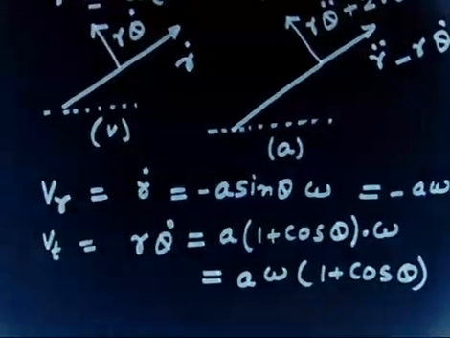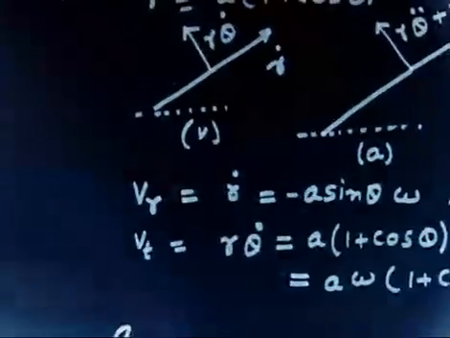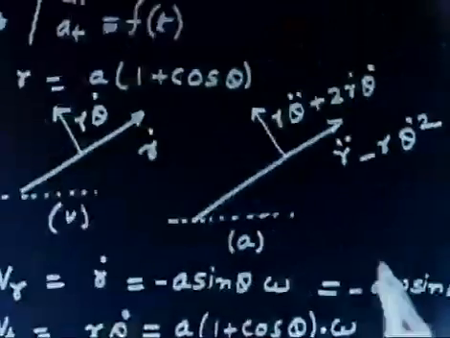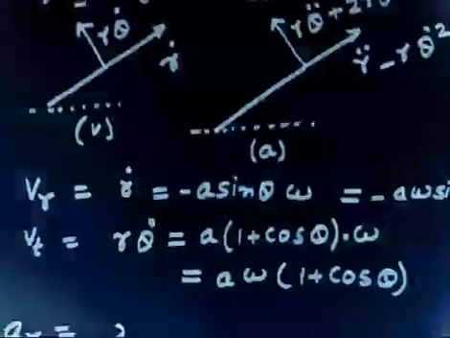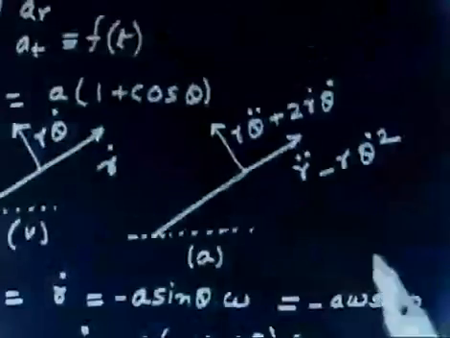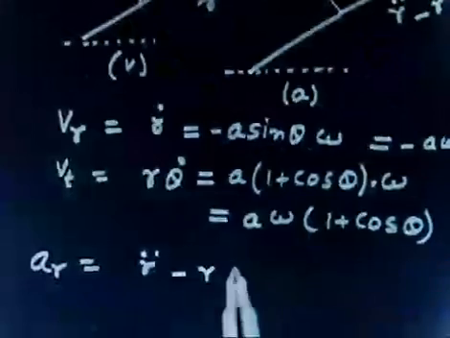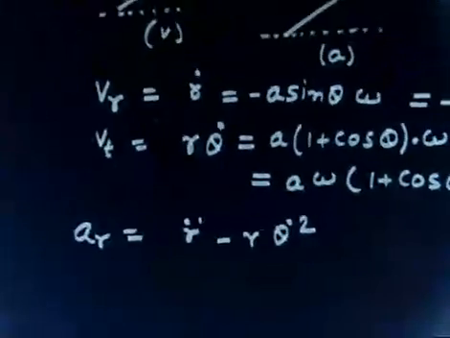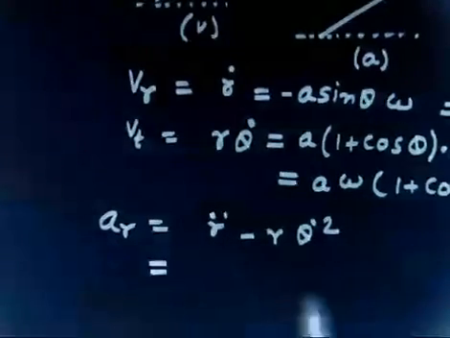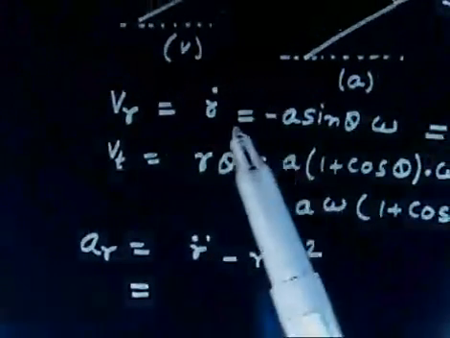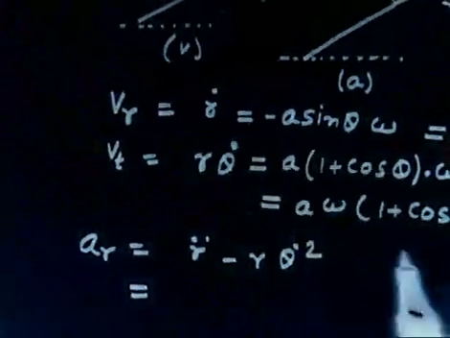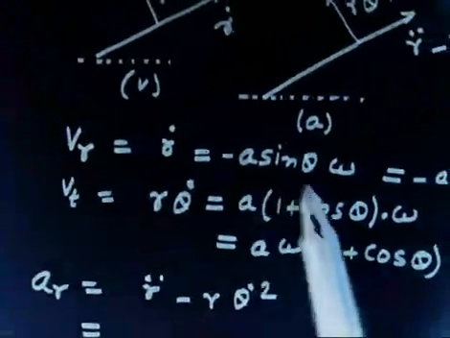Now let us go for acceleration. The radial component of acceleration is given by r double dot minus r theta dot square. So let us find r double dot. We have already found r dot, so to find r double dot I simply differentiate this.